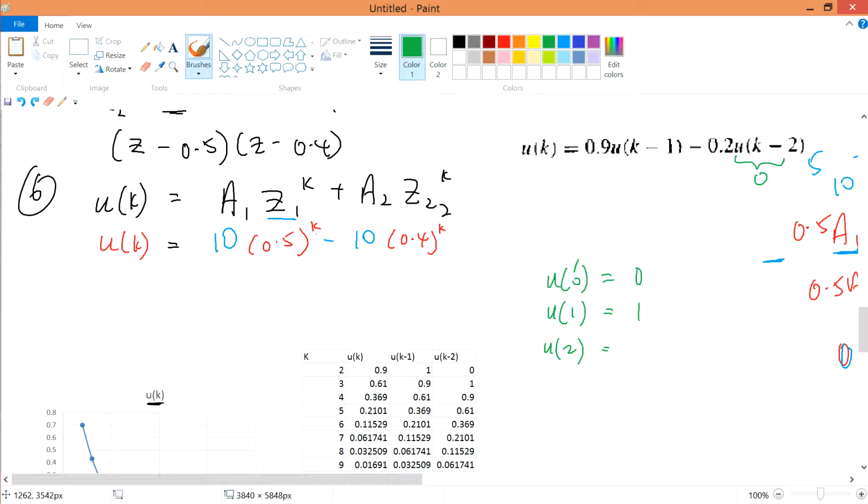So instead of k, we can say that this is k minus 2, then this is k minus 1, and this is k. This is when we start to calculate and plot the graph. So for the k minus 2 case, it is equal to 0, as we have just proved. Now when I sub in k is equal to 1, what would I have?